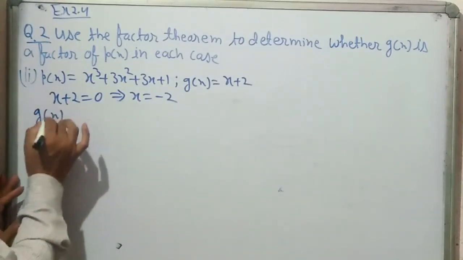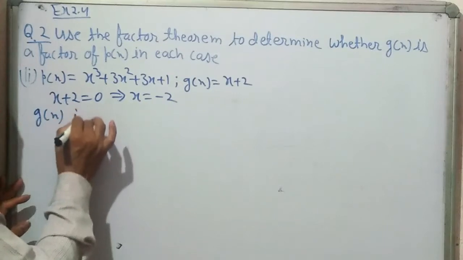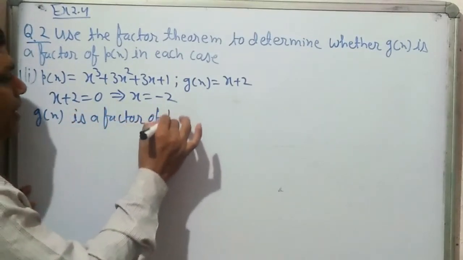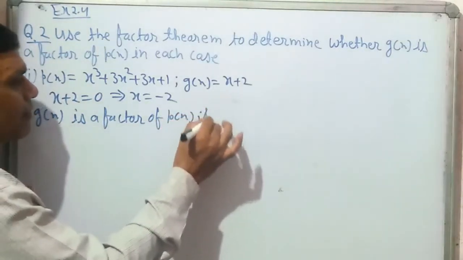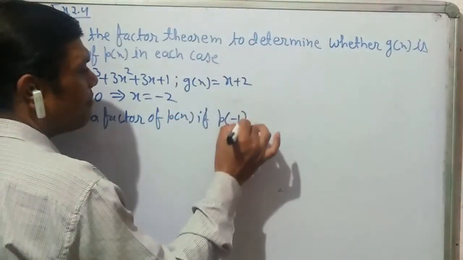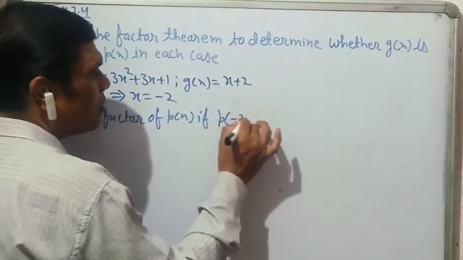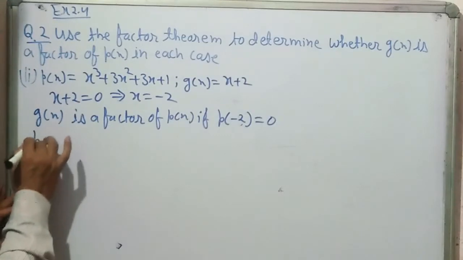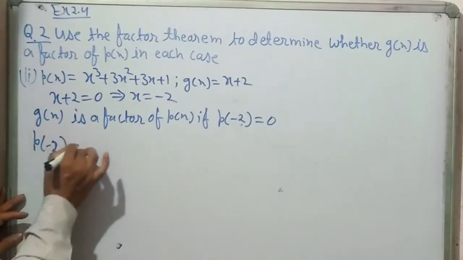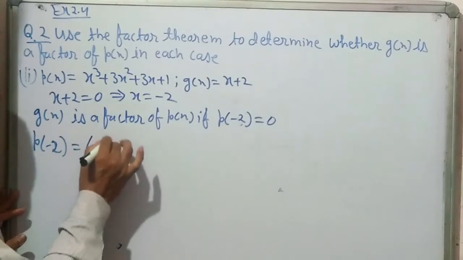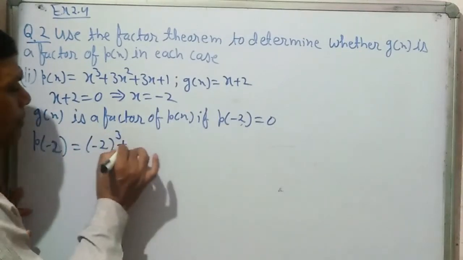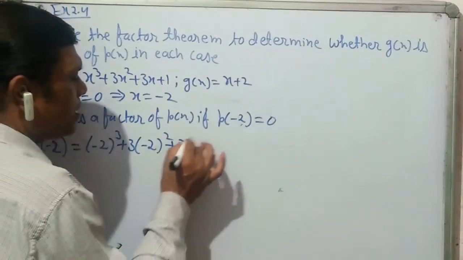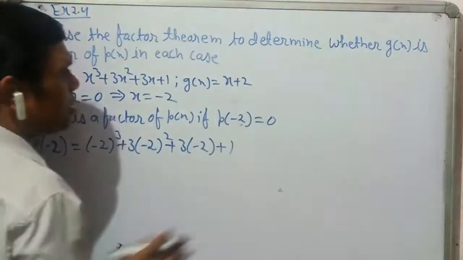Now we can say g(x) or x plus 2 is a factor of p(x) if p of minus 2 is 0. So let us find the polynomial's value at minus 2. We'll get minus 2 cube plus 3 into minus 2 square plus 3 into minus 2 plus 1.